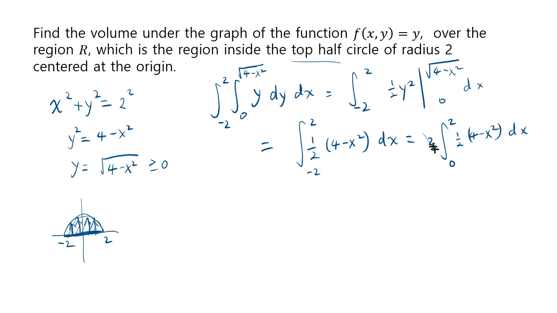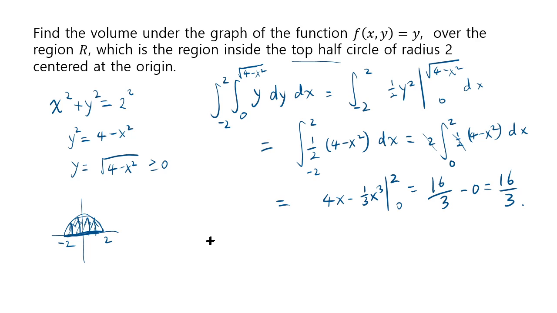And that's nice because the 2 and 1/2 cancel, and you just have to integrate 4 minus x squared, which is 4x minus 1/3 x cubed, plugging in 2 and 0. When you plug in 2, you get 8 minus 1/3 times 8, which is 16 over 3. When you plug in 0, it's just 0. So the answer is 16 over 3.